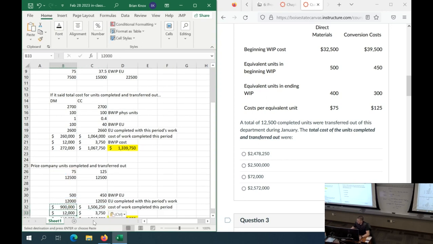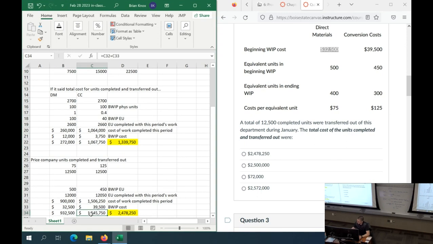And then, okay, so this is our cost of work done this period. We have 32,500 as direct materials beginning WIP cost and 39,500 as beginning WIP cost for conversion costs. And so 24,78250 should be the answer there.